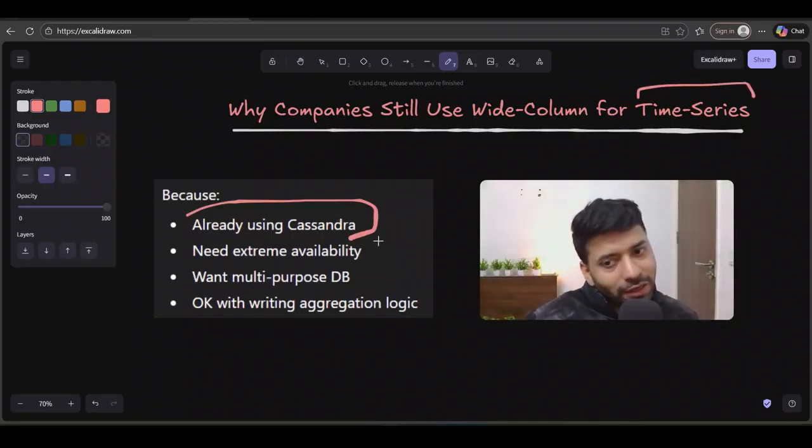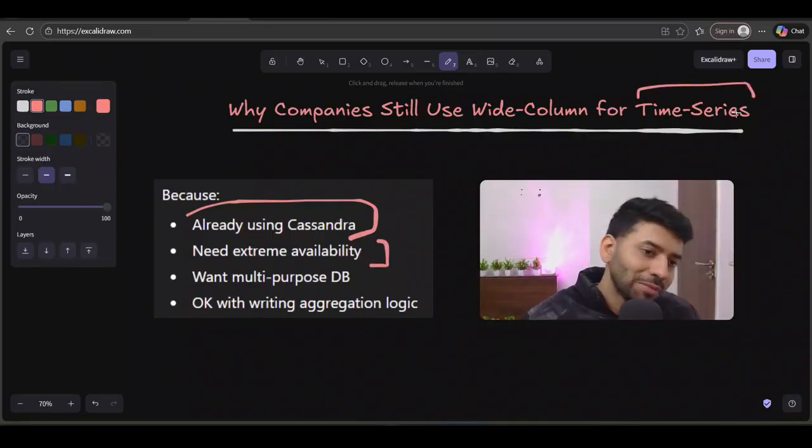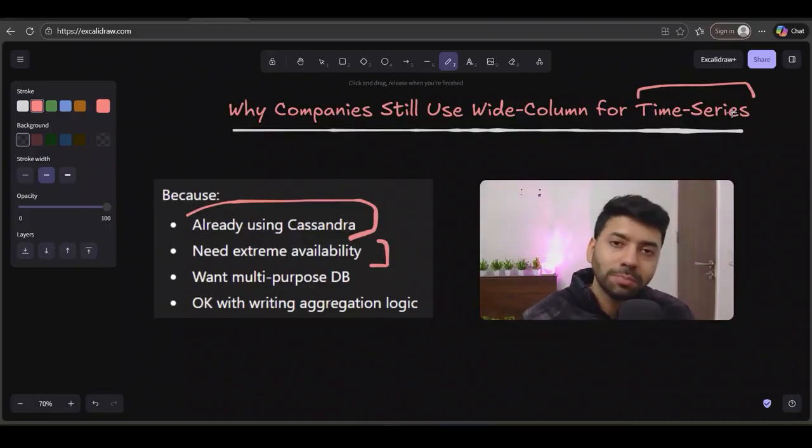Another reason can be that it needs extreme availability. Now a time series database is good for specific operations related to time series data or querying that part, but a wide column database is better in terms of extreme availability or other features, because a wide column database is a generic NoSQL database which is used more frequently for primary kinds of work, right?